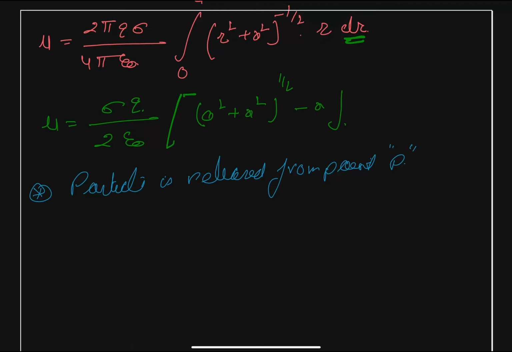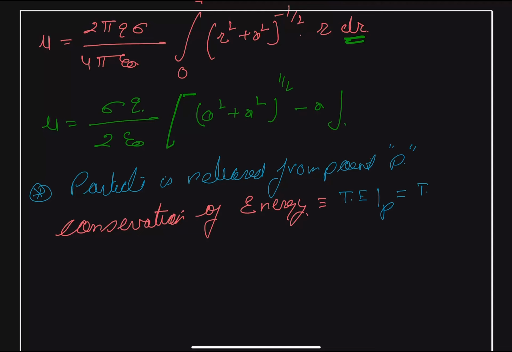So we can use conservation of energy, and this conservation of energy will be used such that the total energy at point P should be equal to the total energy at point O.